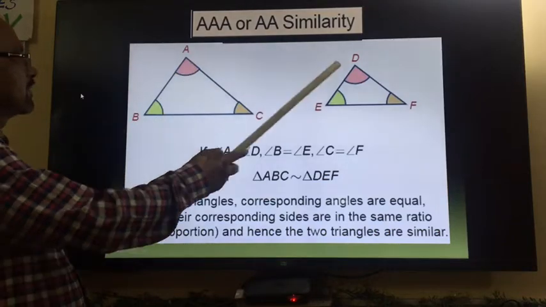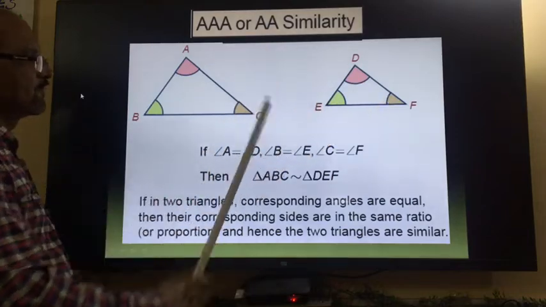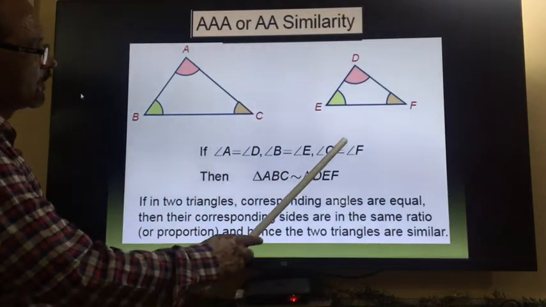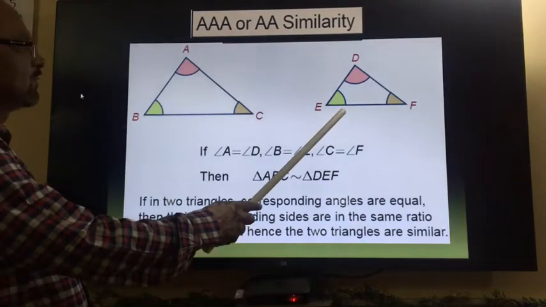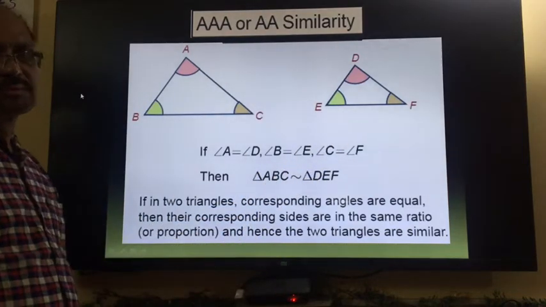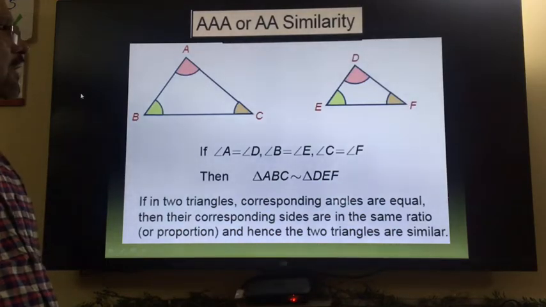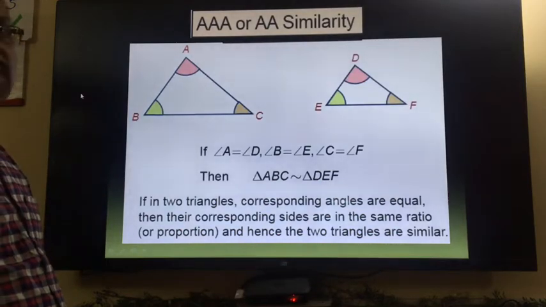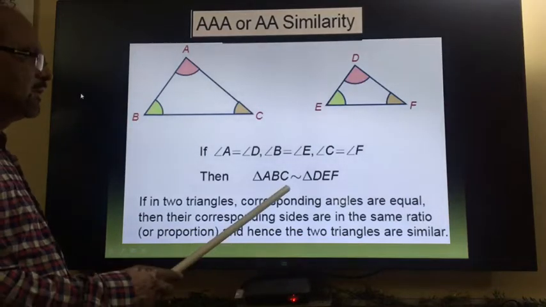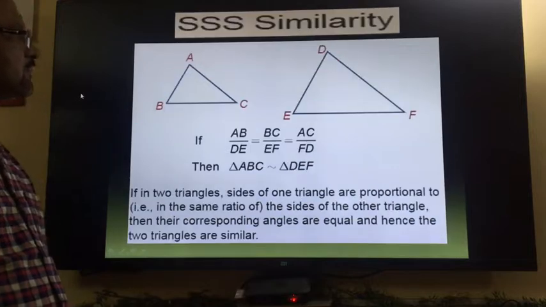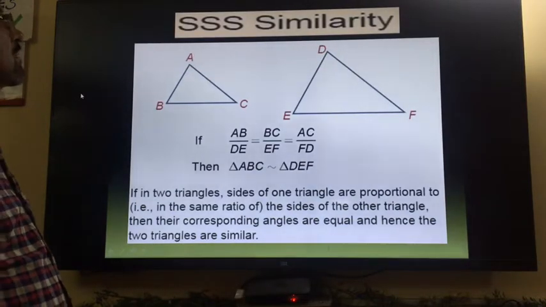So if angle A is equal to angle D, B is equal to E and C is equal to F, then triangle ABC will be similar to triangle DEF. So this is the first similarity criteria. If all three angles of one triangle are respectively equal to the corresponding three angles of the other triangle, then the triangles will be similar.